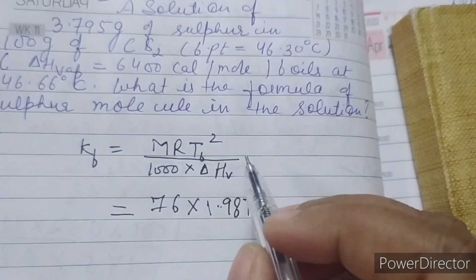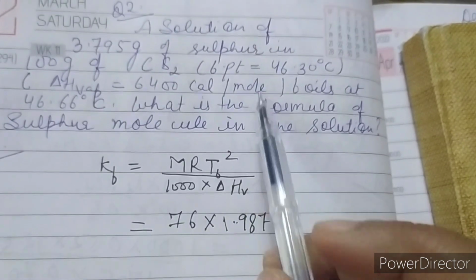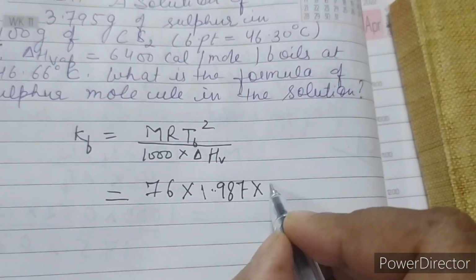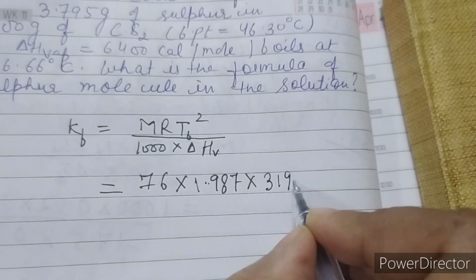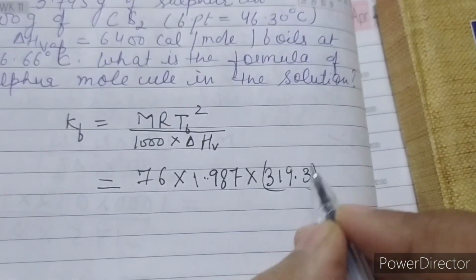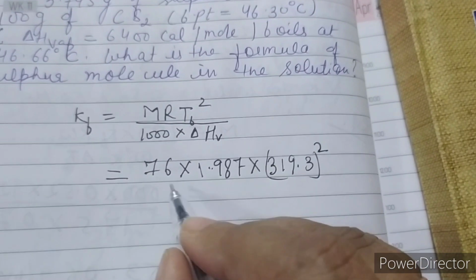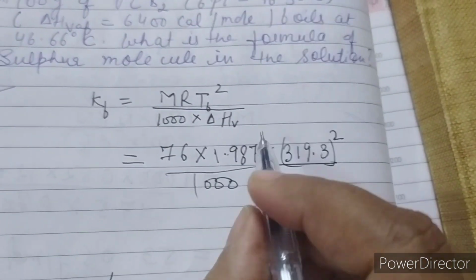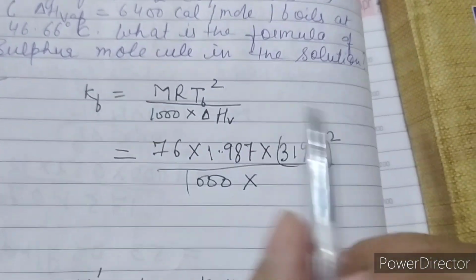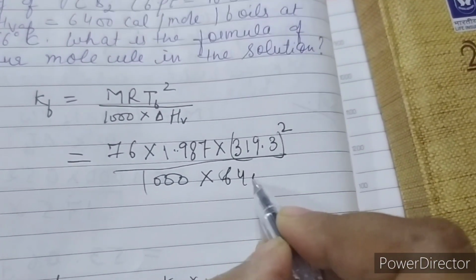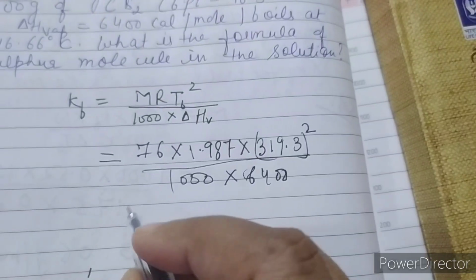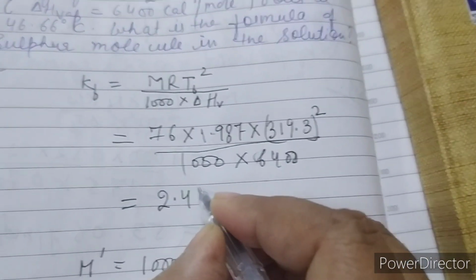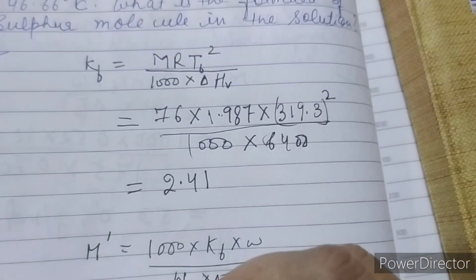You have to convert it into Kelvin, that is 46.3 degrees Celsius, you have to add 273 and you will get 319.3 whole square, divided by 1000 into the latent heat of vaporization, which has been given as 6400 calorie per mole. So we will put here 6400. Now if you solve it, you will get 2.41. That is the value of Kb.